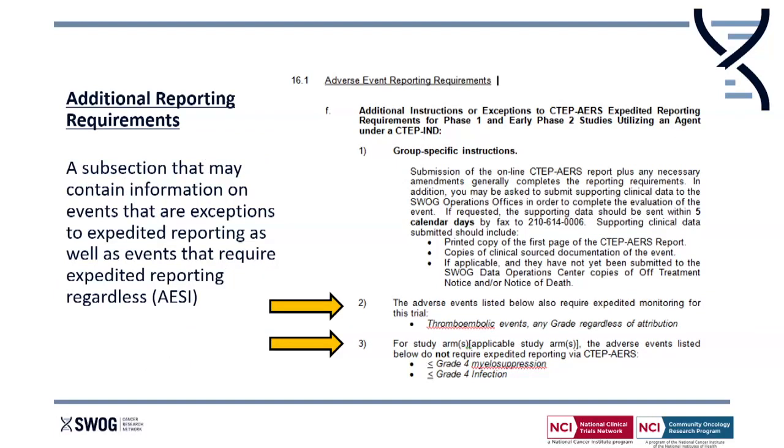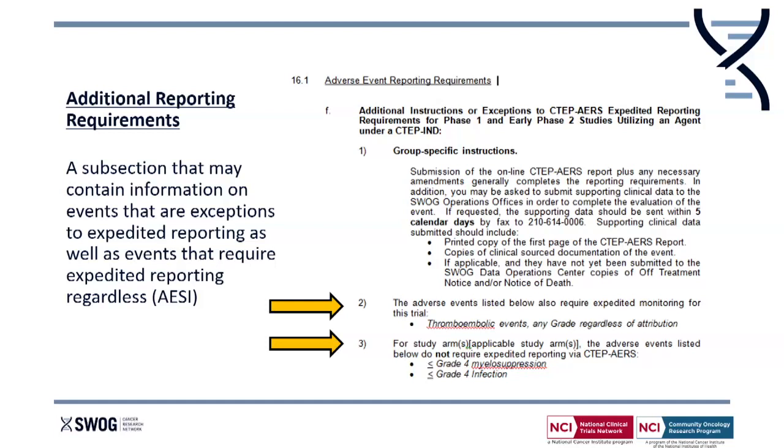In some of our protocols, you'll also notice additional reporting requirements. So the first arrow points to an AE of special interest, something that the pharmaceutical company or SWOG wants to capture in addition to the typical AE reporting. So in this instance, any thromboembolic event, any grade, regardless of attribution, is always going to be an SAE for this trial.